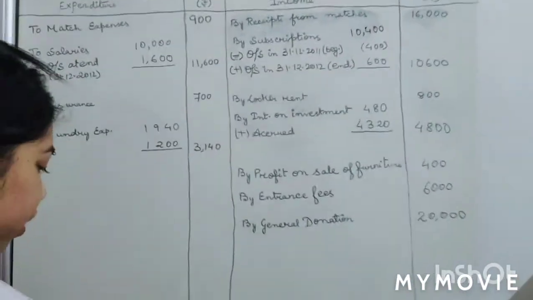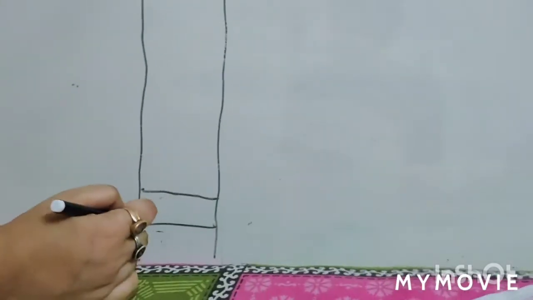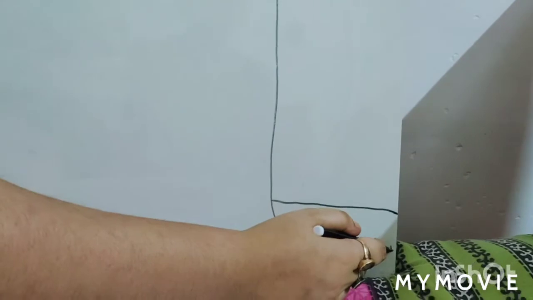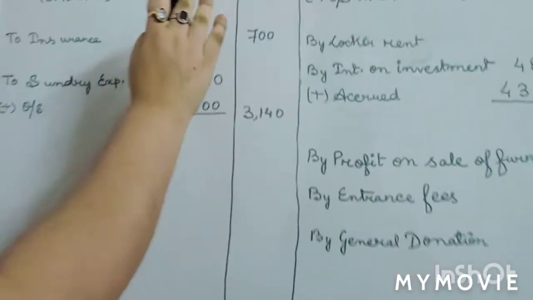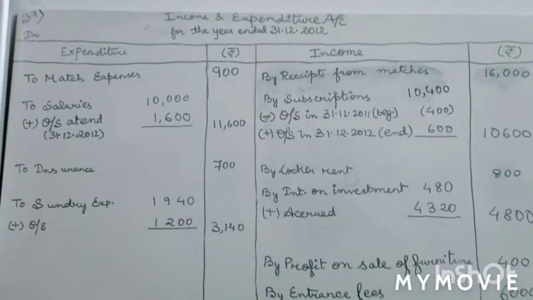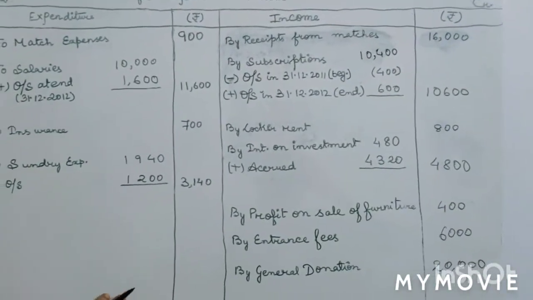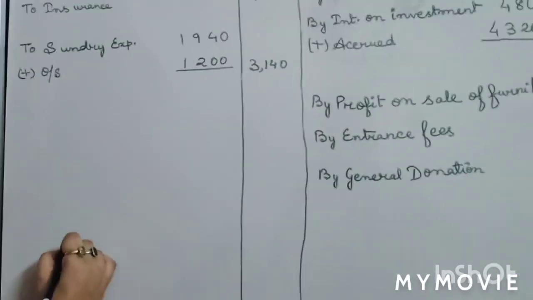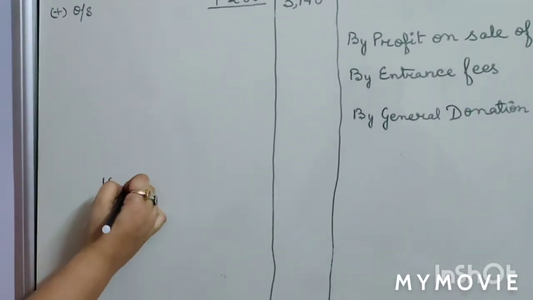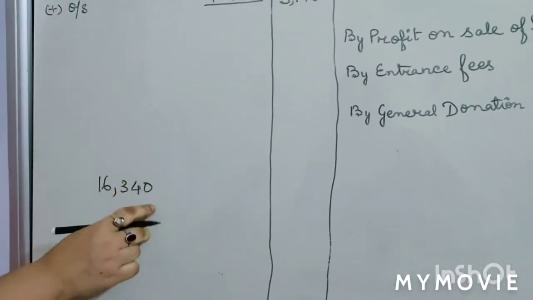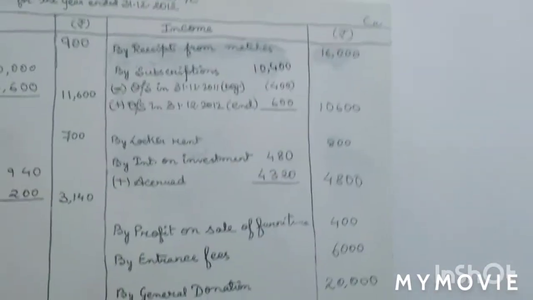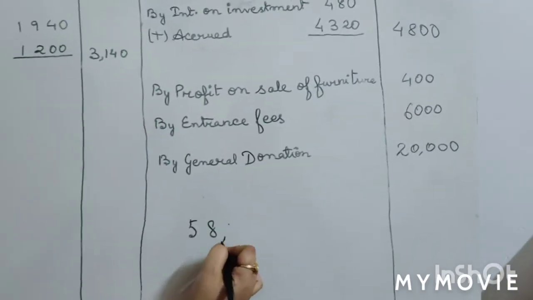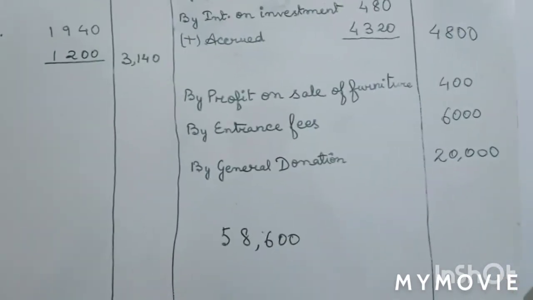Now we will do the total of both the sides. So now when we add the total of this income and expenditure side, we are getting a total of 16,340, and on our income side we are getting a total of 58,600.